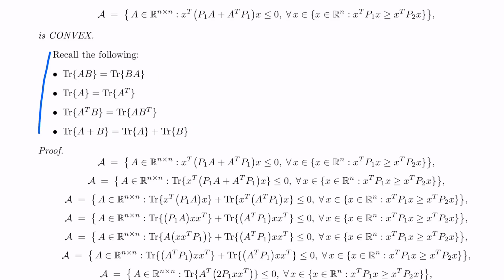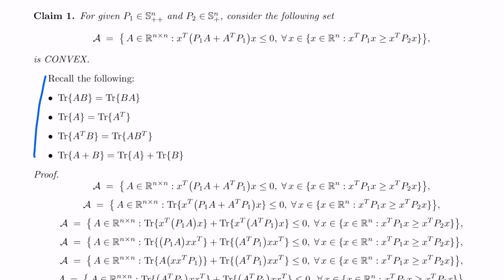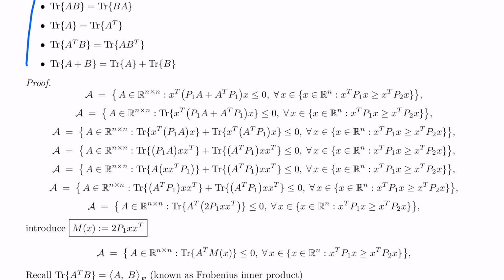Okay, so let's discuss why this is convex. I just wrote the set definition, and first of all, let's say that this is a scalar expression. I can take the trace of this scalar, so scalar equals trace of that scalar.